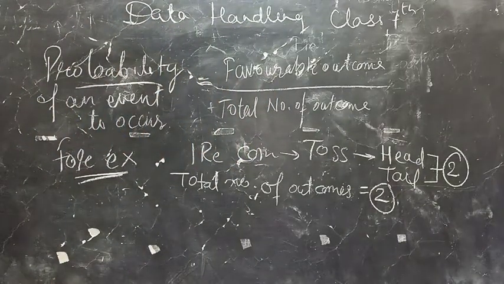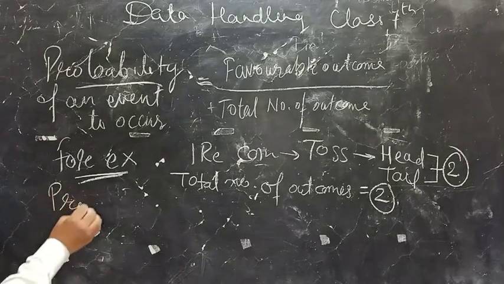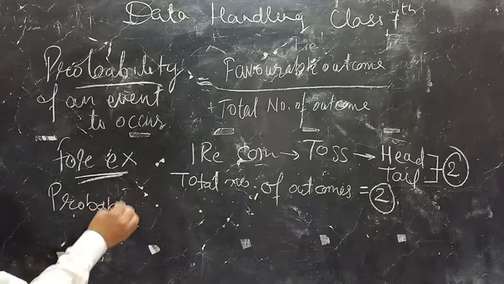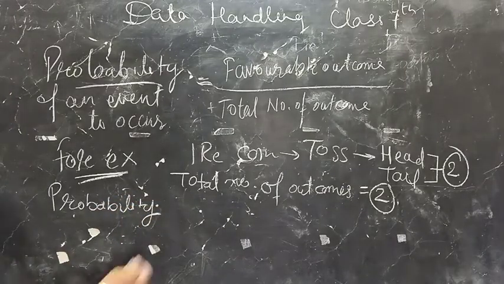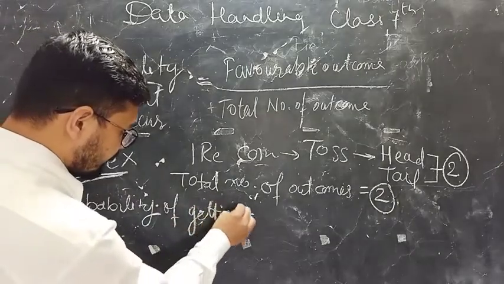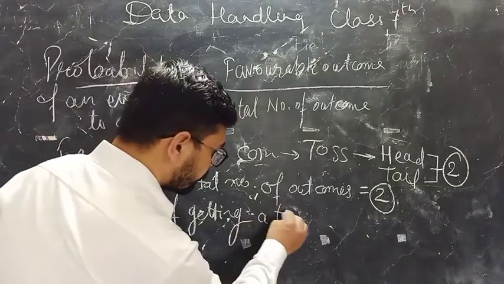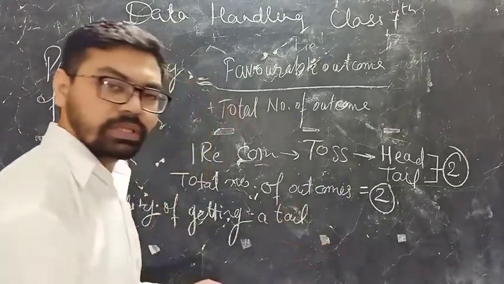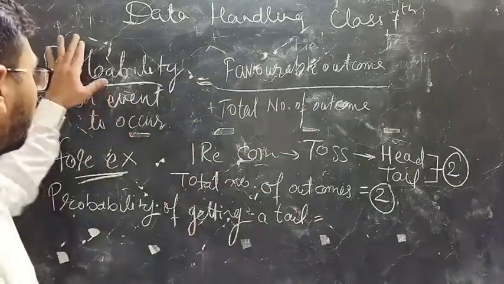Now my question is, what is the probability of getting a tail? What will you write? Probability of getting a tail, probability of getting an event.